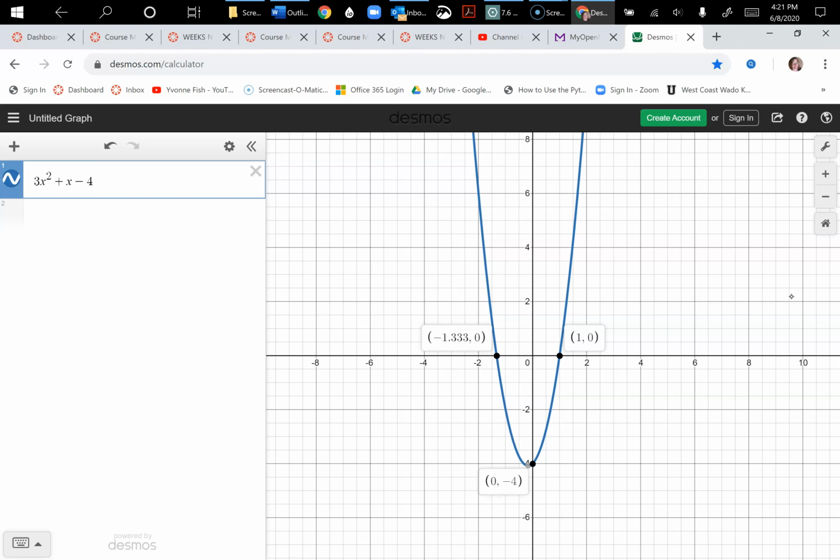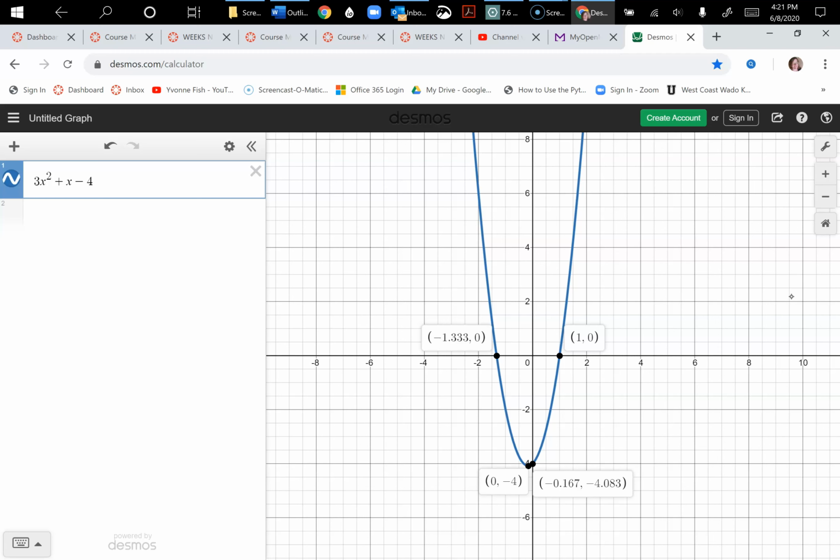Then the y-intercept is this c, the negative 4. That will always be the case for parabolas of this general form. There's another form we use a lot called vertex form. You'll learn that in Math 99. And this is the vertex, the lowest point. This opens up, so we have a minimum there.